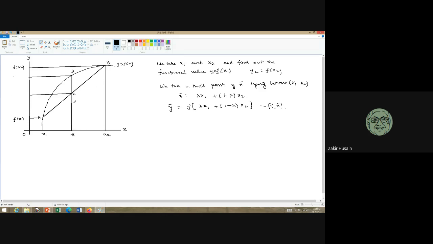So if I take x bar, this is actually C. I've reversed the position. Let me copy the earlier diagram. So this is C and this is D. This is f of x bar. And this is lambda f1 plus 1 minus lambda f2.